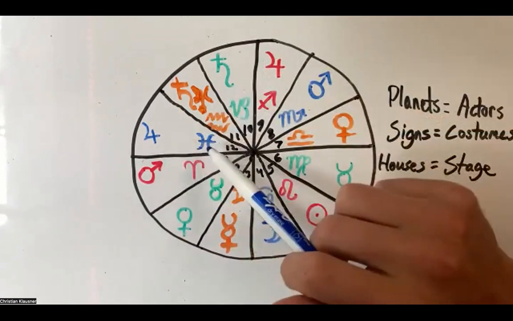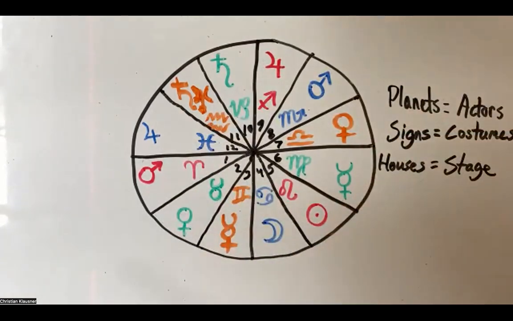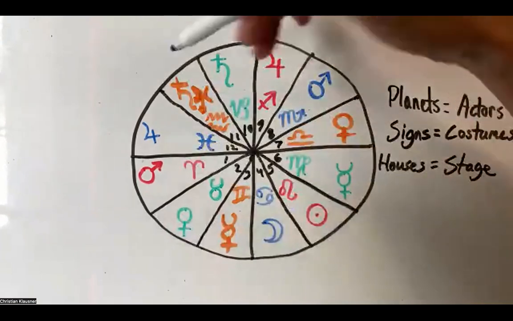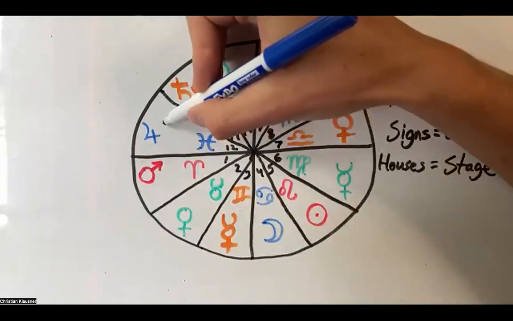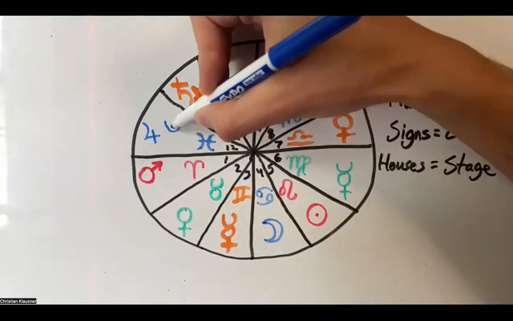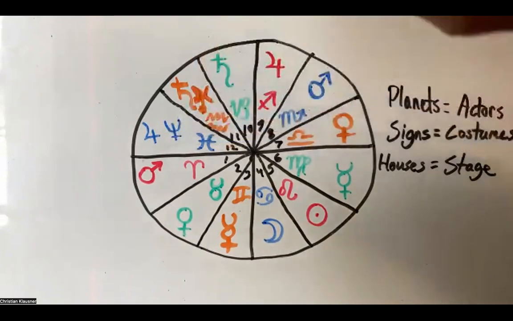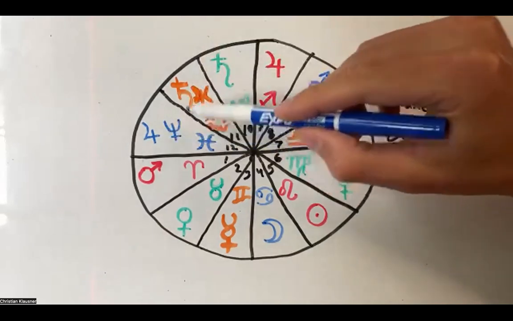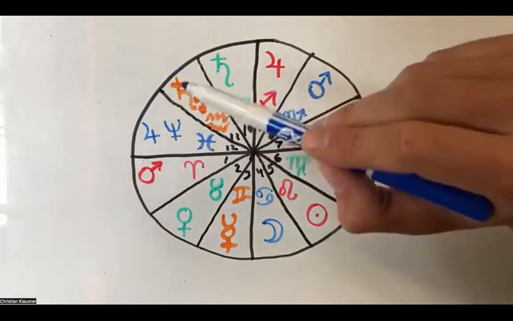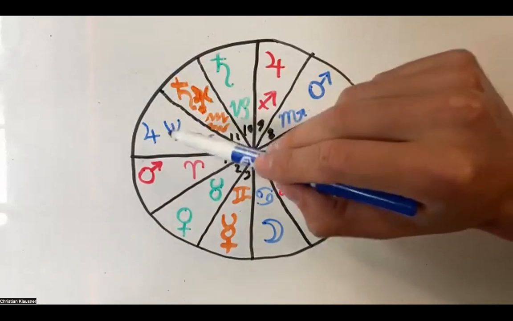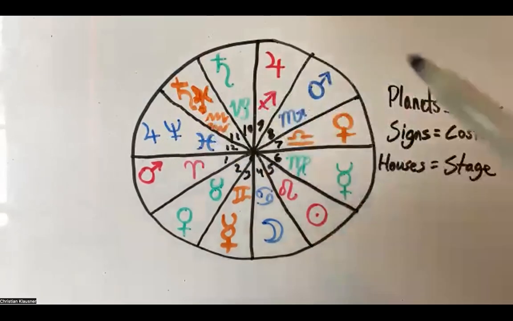So Jupiter does rule Pisces traditionally, always has, always will. Secondarily, the modern ruler of Pisces is Neptune. Neptune, the planet of dreams, ideals, visions, imagination. Of course, it would find its home here in the mystical sign of Pisces.